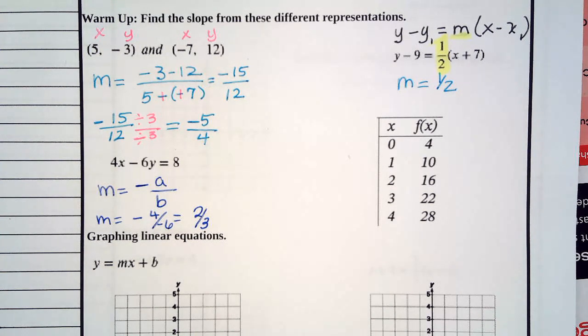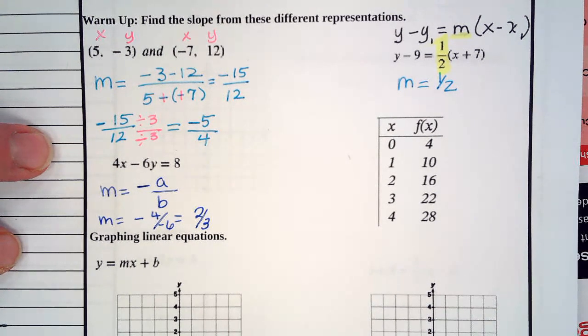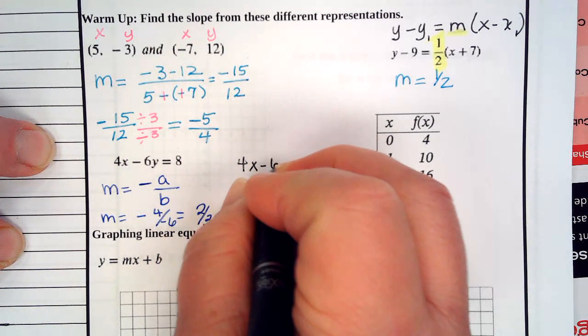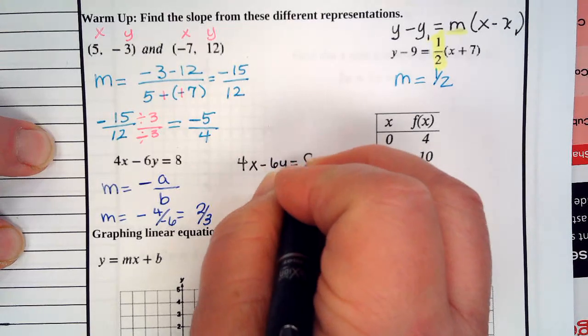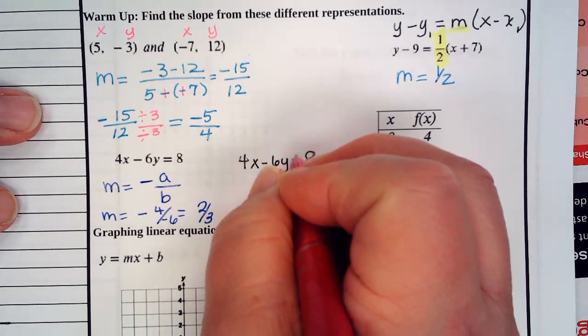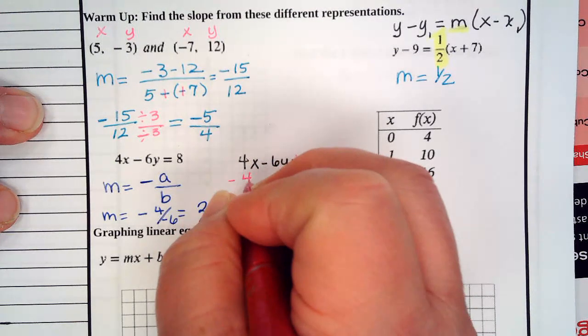But another way to do it would be to change it into y-intercept form. So to do that, first thing I would do is to subtract 4x from both sides.